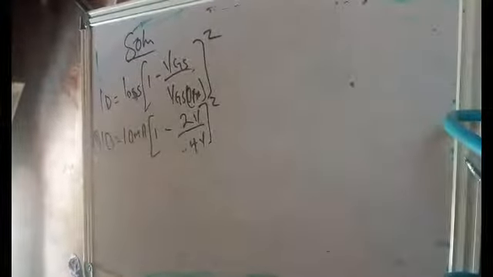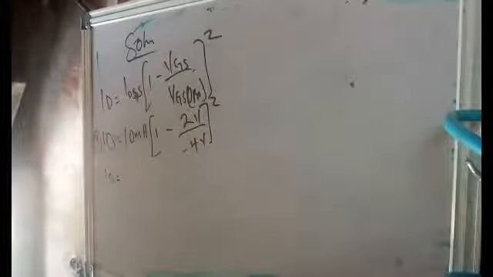So now we have ID equals 10. Then you get your LCM, and when you get your LCM, you use the 10 to open the bracket. When you've successfully calculated, your ID should be about 22.5 milliamps. That is for question 1.